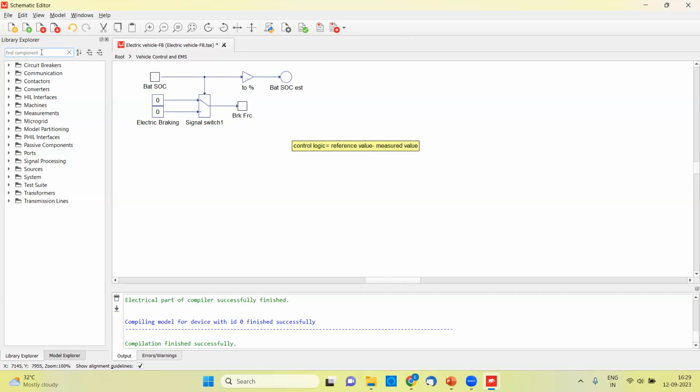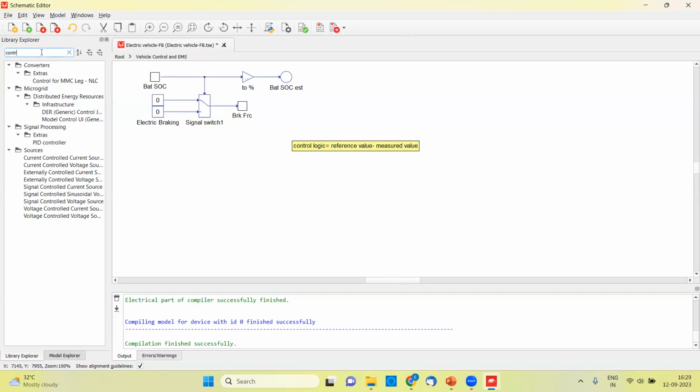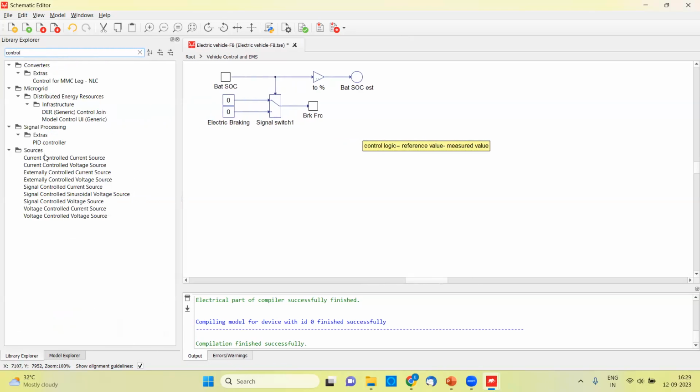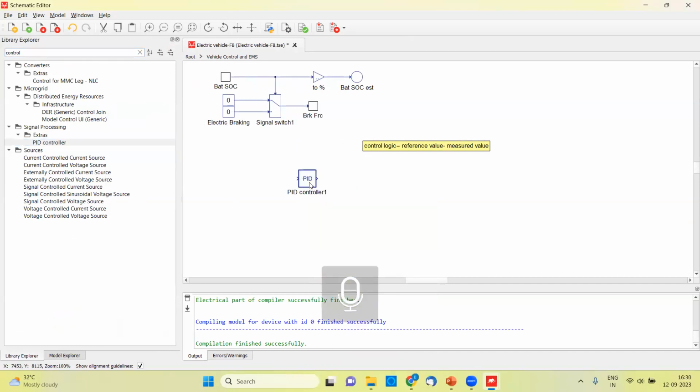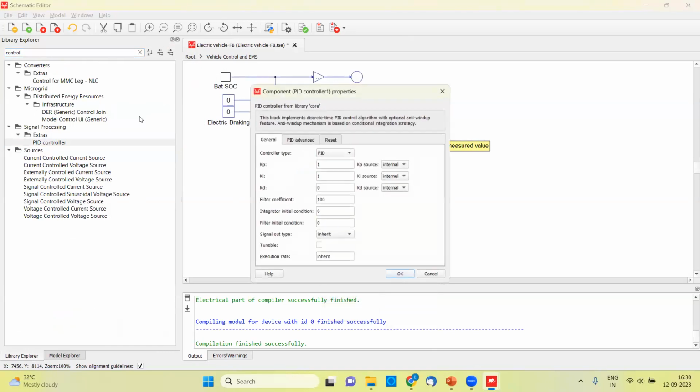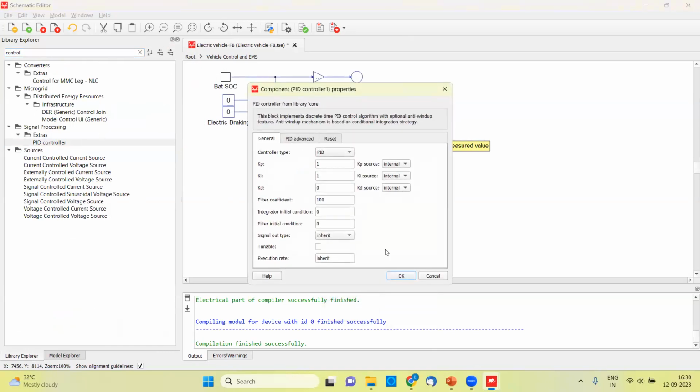We are using many types of controllers, as you must have studied. If we talk about control in signal processing, we have this PID controller. This entire model has been made using signal processing components. This PID controller is one component which is already pre-existing in the signal processing library.